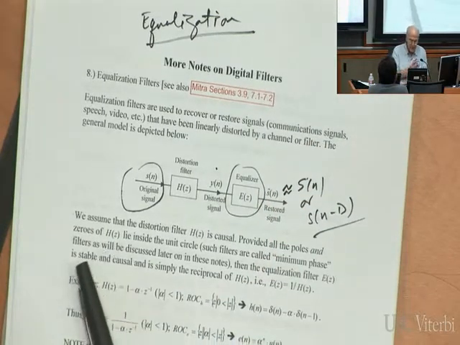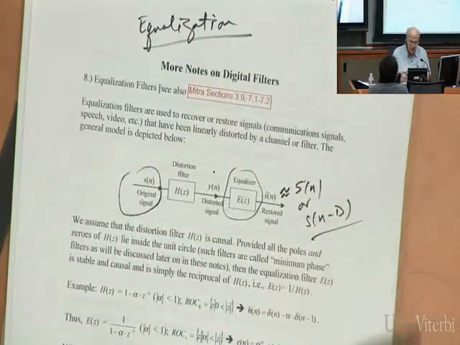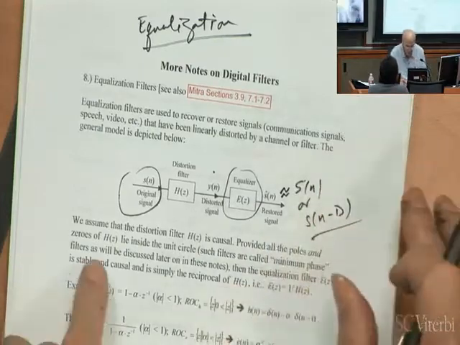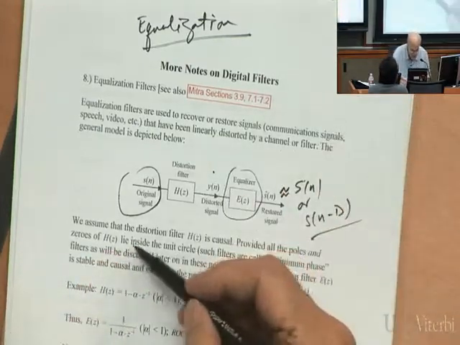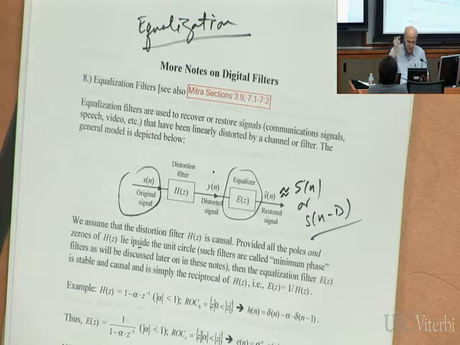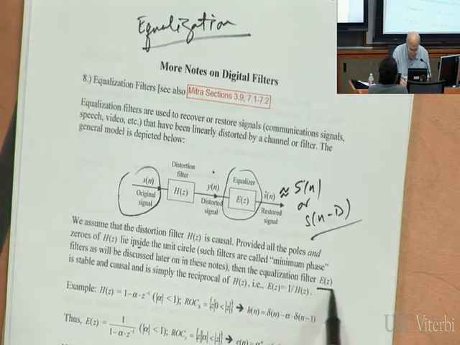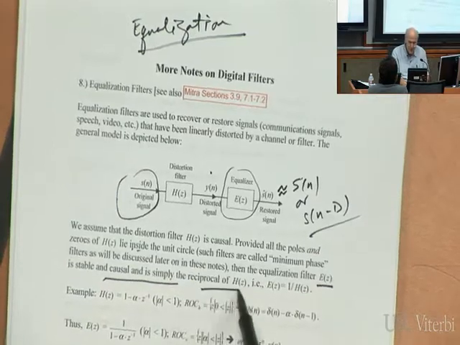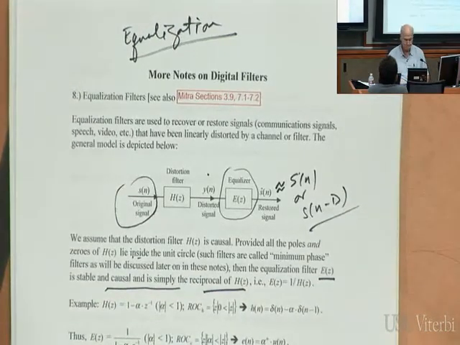In this example, I'm going to assume the distortion filter is causal. Provided all the poles and zeros of H of z lie inside the unit circle, then the equalization filter is stable and causal and is simply the reciprocal of H, okay? Said a lot of things there.